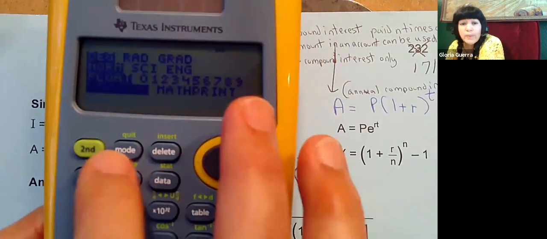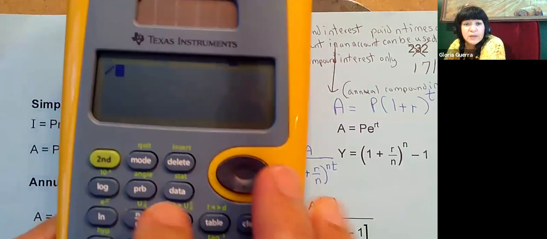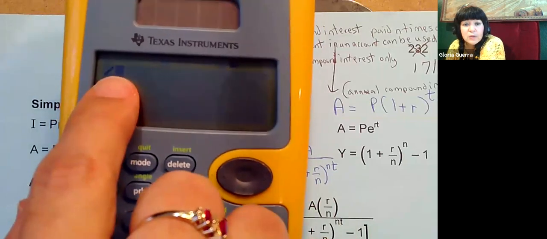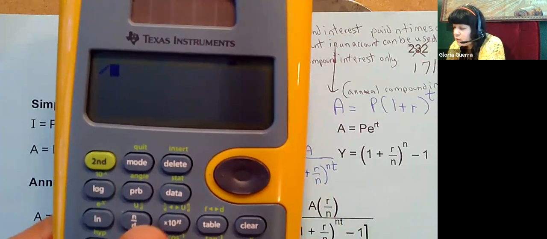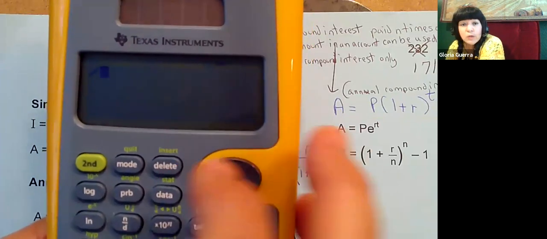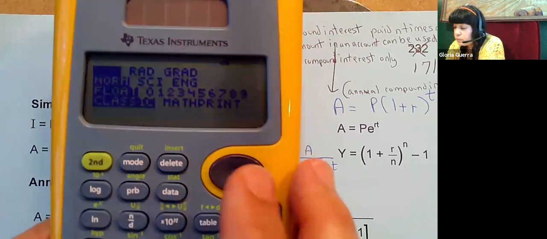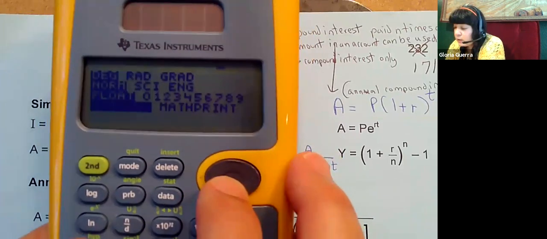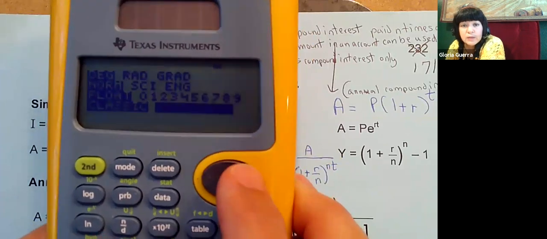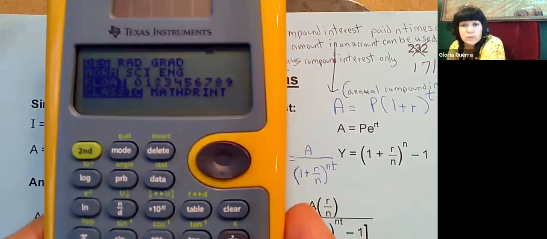See how it's got that slanted line? It's better to have this horizontal line when you're doing this kind of work for the financial test. So go back up to mode, use the down arrow key, then the right arrow key, hit math print and hit enter.